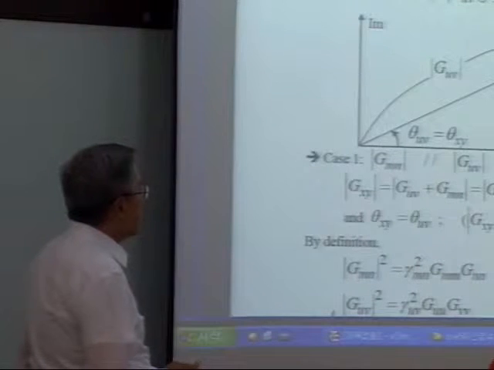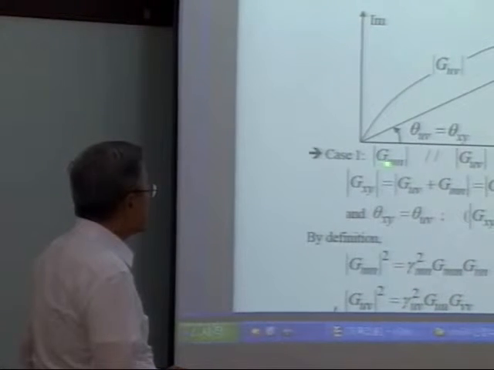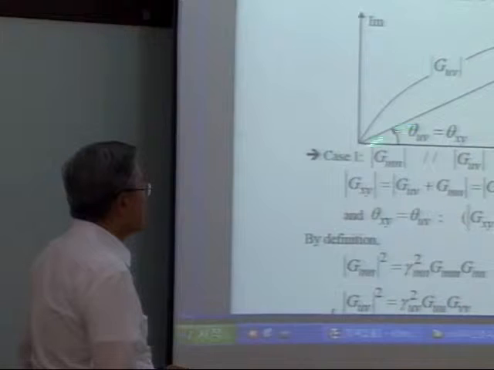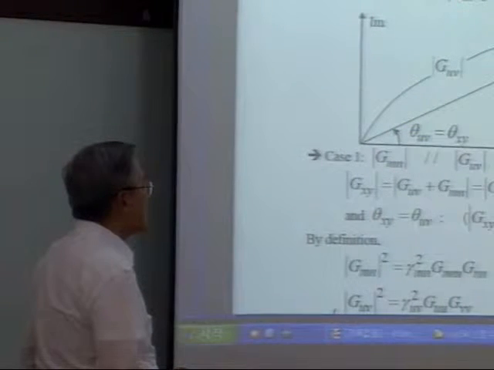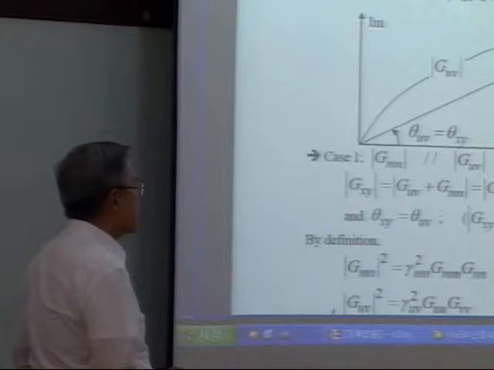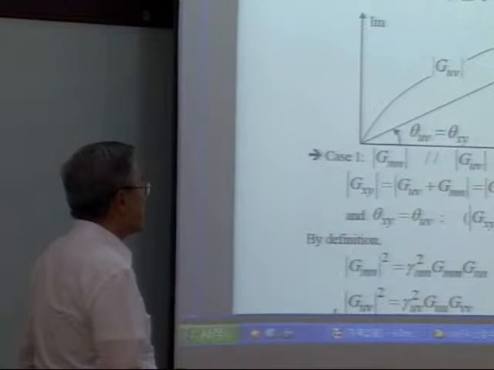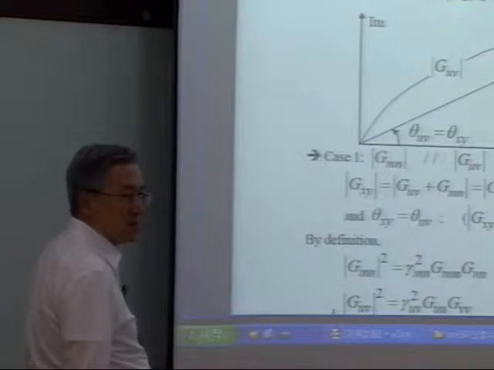Assume GMN is parallel, which means it's extending that point, or subtracting from that point, because you can have a plus and minus.